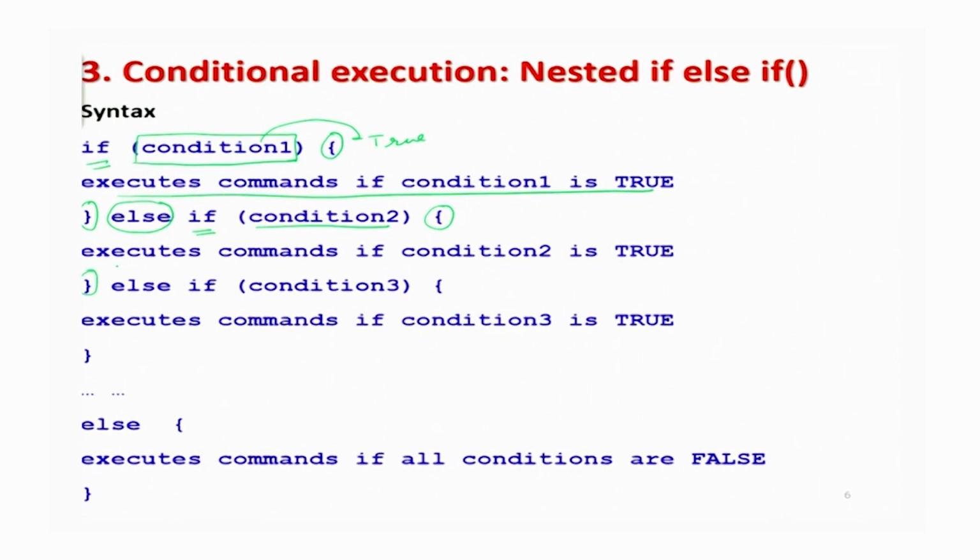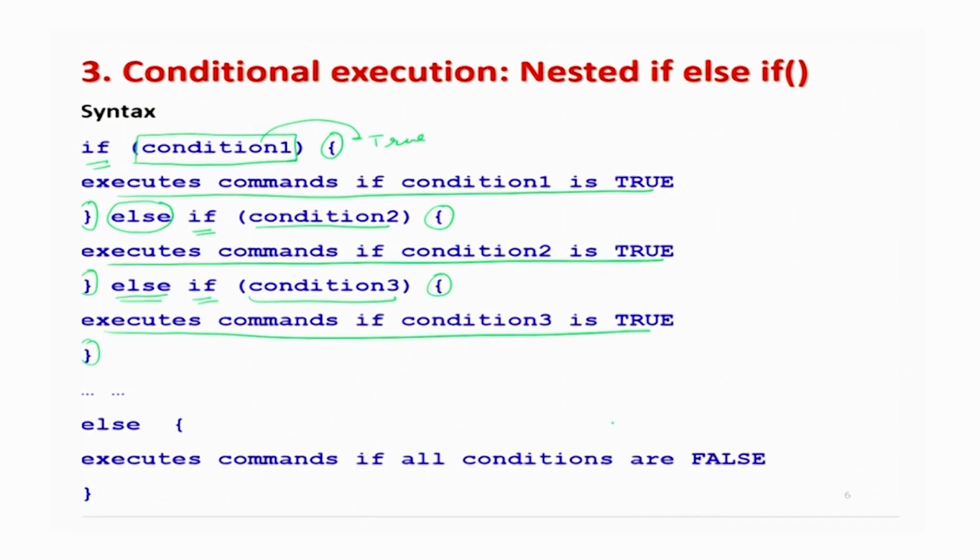So, this is the statement like: execute command if condition 2 is true, and suppose this condition is also not true, then again I have to just repeat it. I will simply write down here else and then if condition 3, and after this whatever I want to execute I write down inside the curly bracket, like execute command if condition 3 is true, and this will continue.